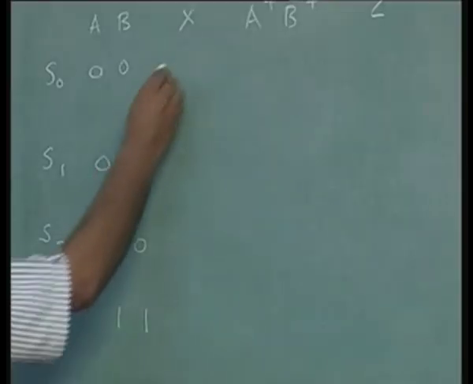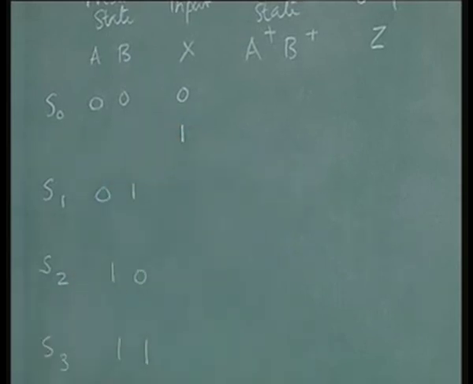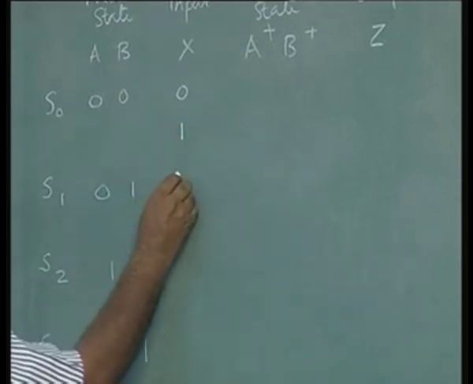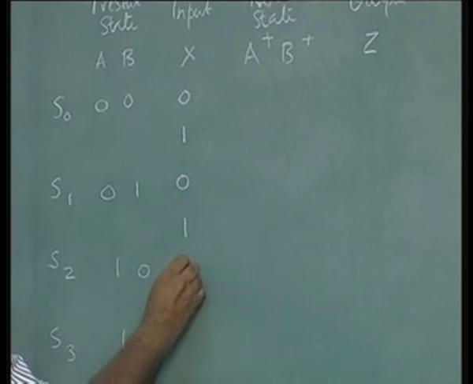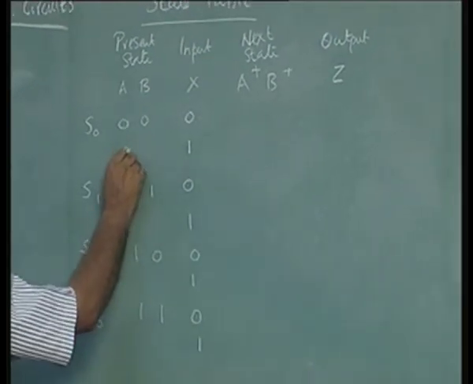If x is 0, what happens in the next state, and what is the output? If x is 1, what happens? Likewise, we do for S1, S2, and S3.